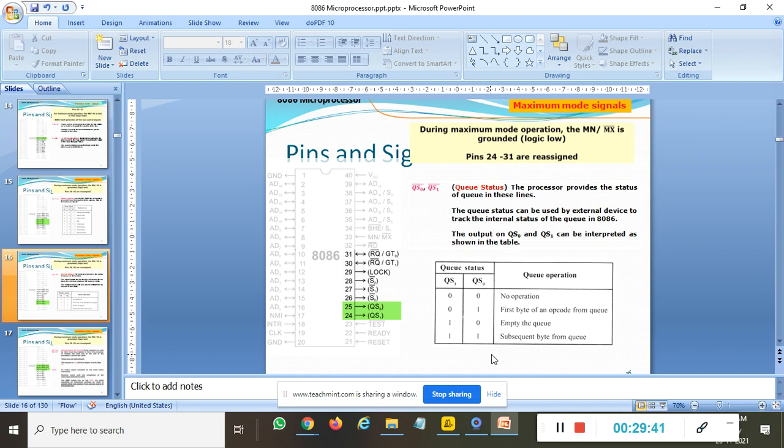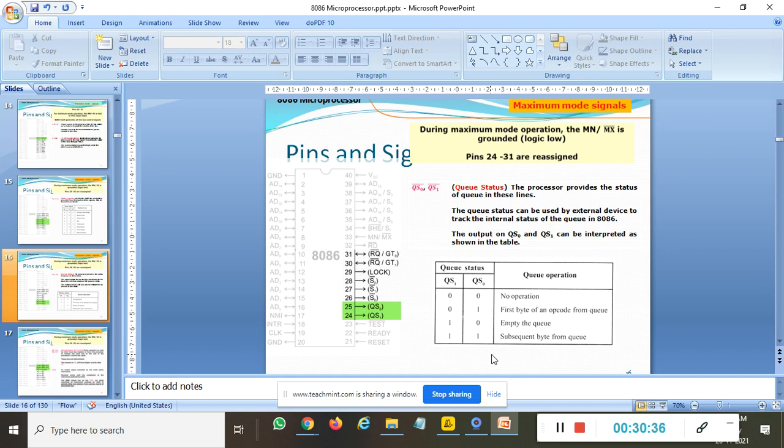The processor provides the status of the Q through these lines, and the Q status can be used by an external device to track or identify the internal status of the Q of the 8086 microprocessor, and the output of QS0 and QS1 can be interpreted as shown in the table.